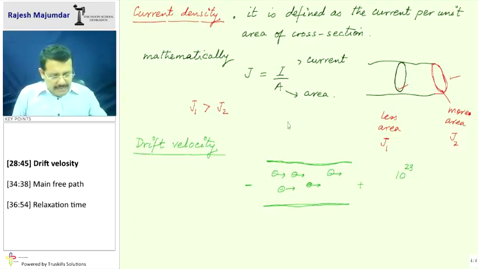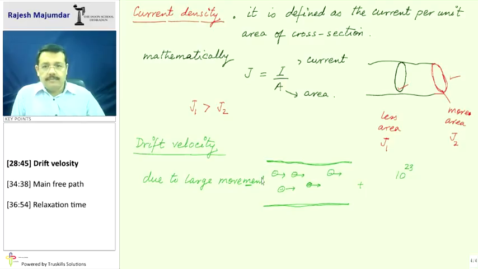So the meaning is that, you have to understand this very carefully, and pay attention here, that due to large movement of electrons, they collide.